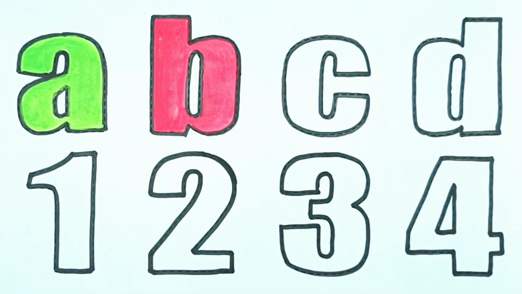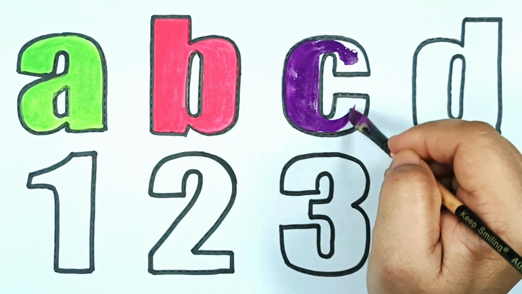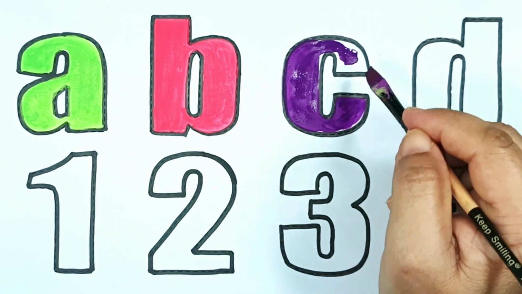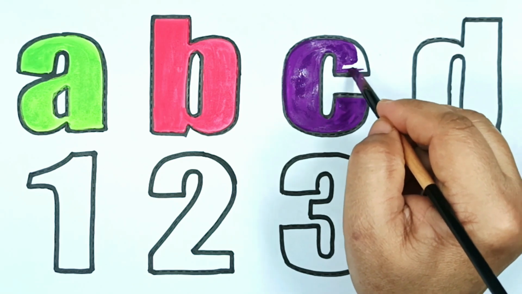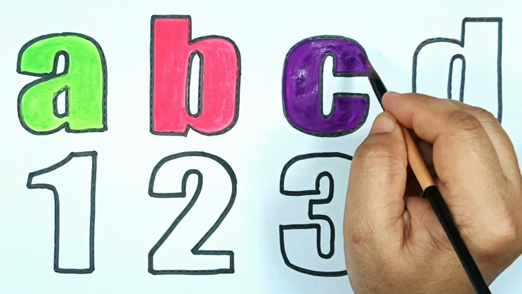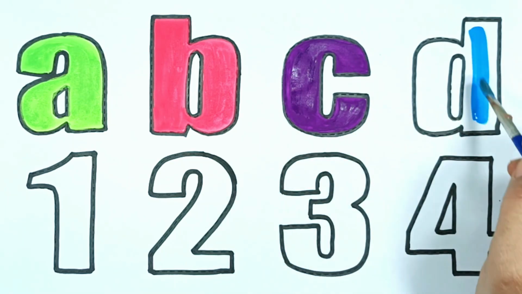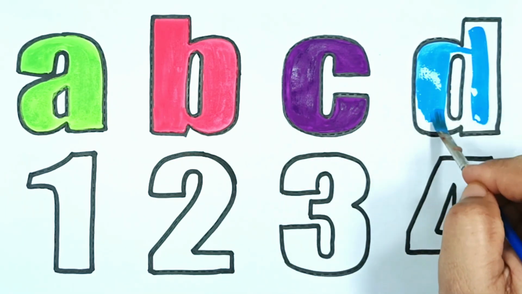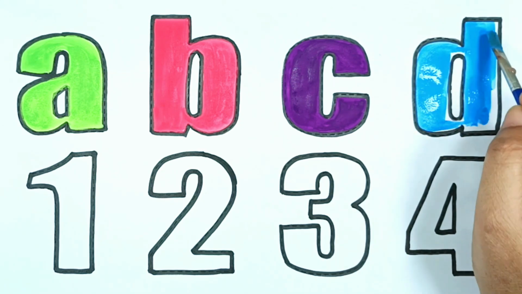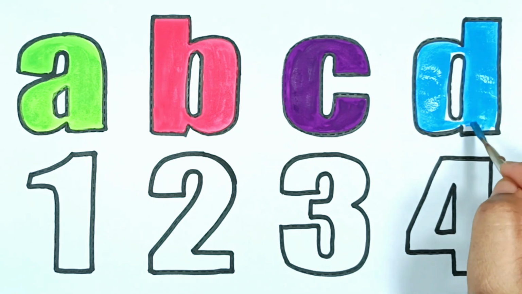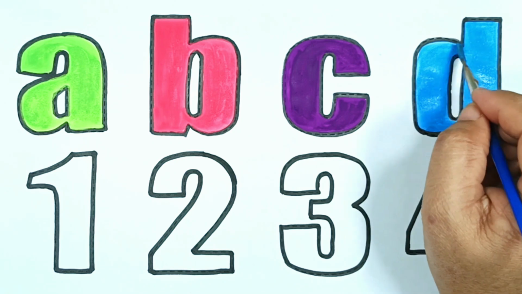Sometimes it may cry. C is for clock. It tells you the time. D is for diamond. See how it shines.